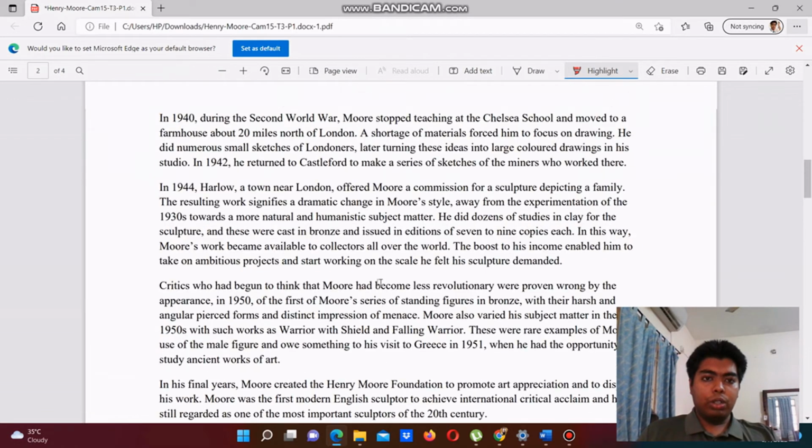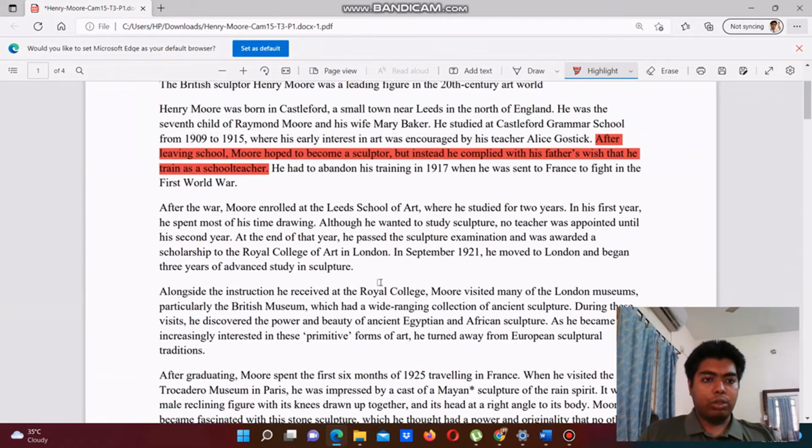So we're going back to our passage. After the war, Moore enrolled at the Leeds School of Art, where he studied for 2 years. In his first year, he spent most of the time drawing. Although he wanted to study sculpture, no teacher was appointed until his second year.